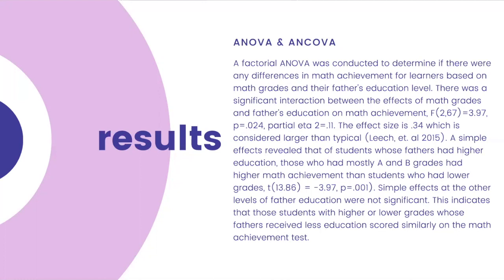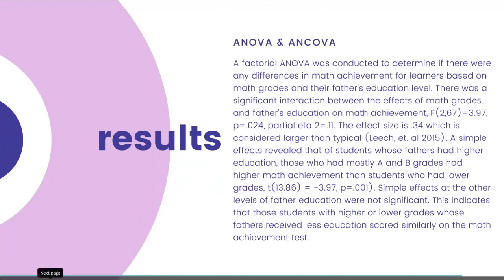However, we see a significant change in a student who has already been scoring with that higher, that A and B, more than that, and their father's education level. So we see when the father has a bachelor's of science or more, if the student's already scoring high, we're going to see a statistically significant growth in that math achievement score.